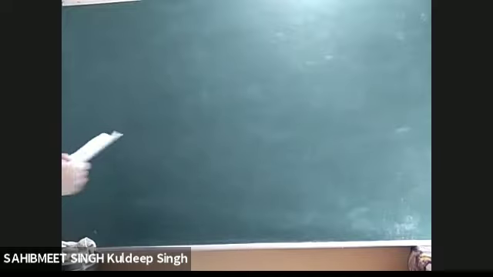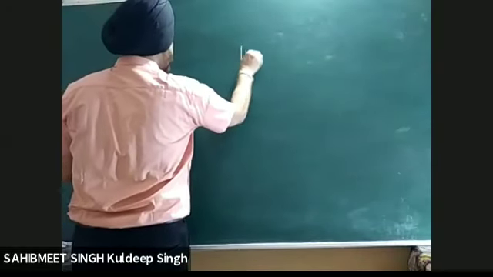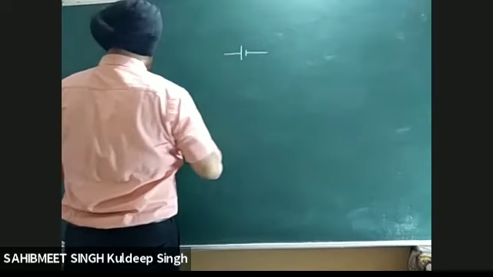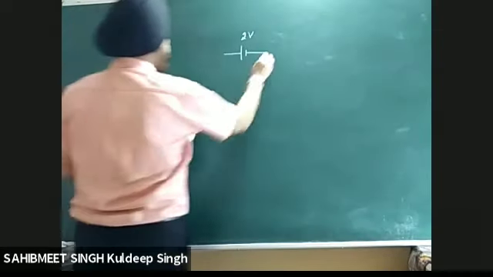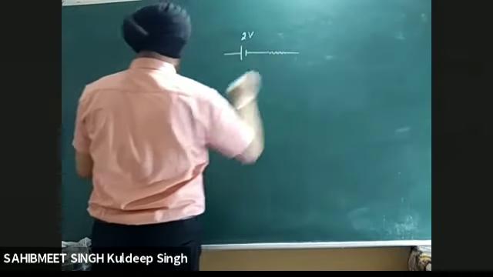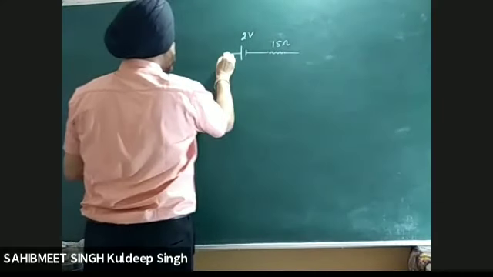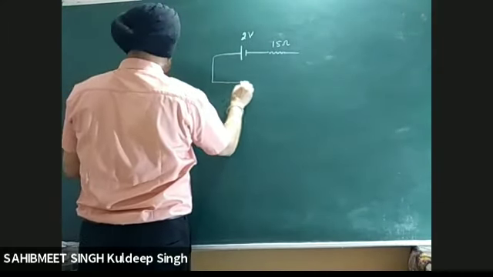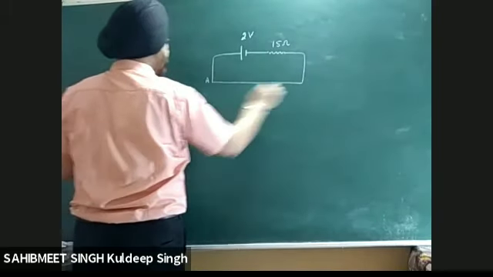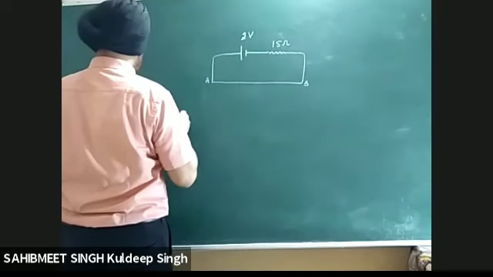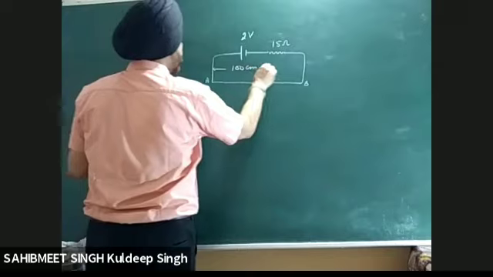Now here I am given a little bit more higher order question. This is a 2 volt, and here I am given 50 ohm resistance AB, and this AB is equal to 100 centimeter given.